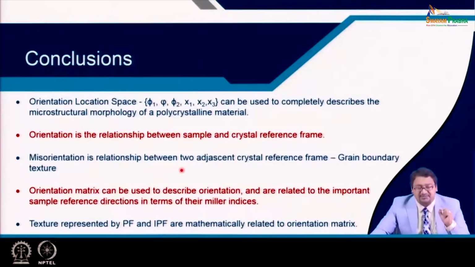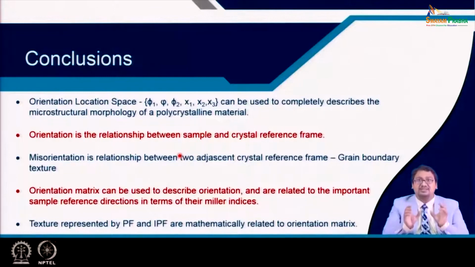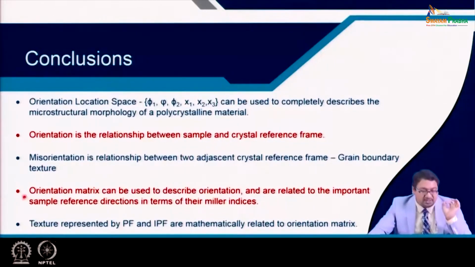Misorientation is the relationship between two adjacent crystal frames, and misorientation gives the grain boundary texture, right. If you have two adjacent grains with two different orientations, the mismatch between the orientations gives delta G, which is known as misorientation and is also a form of texture, known as grain boundary texture.